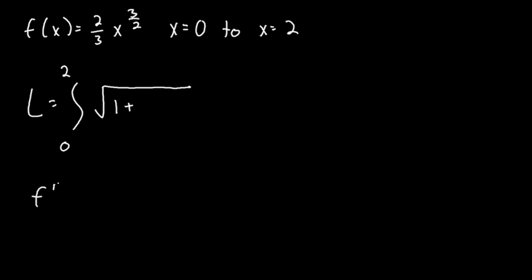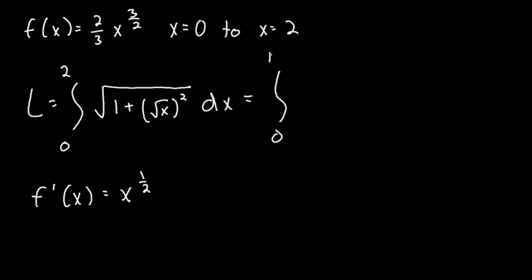So the first order derivative in this case is, well, x to the power of 1/2, using some power rule. So this is the square root of 1 plus the square root of x squared, dx. If we want to simplify this integral a little bit, we can eliminate this square root. So all we get is 1 plus x, dx.